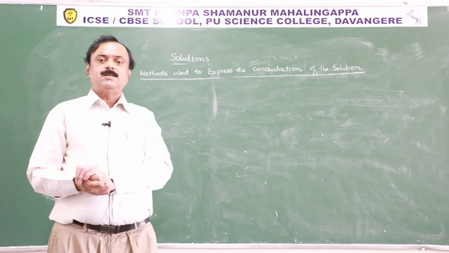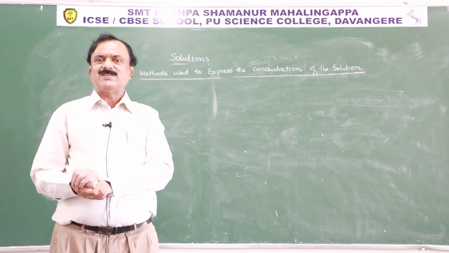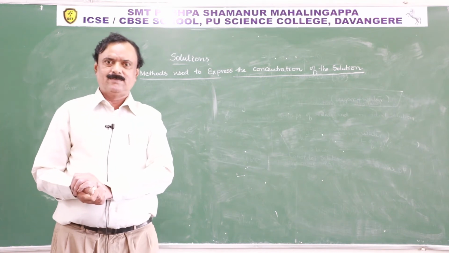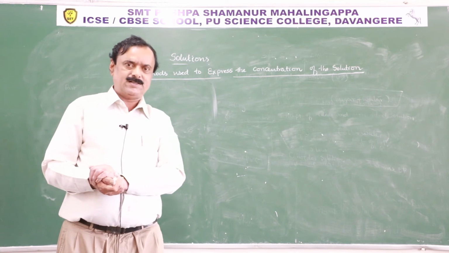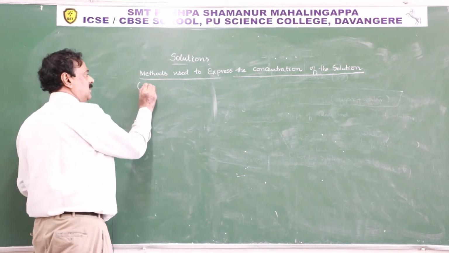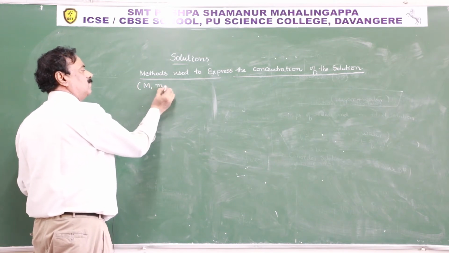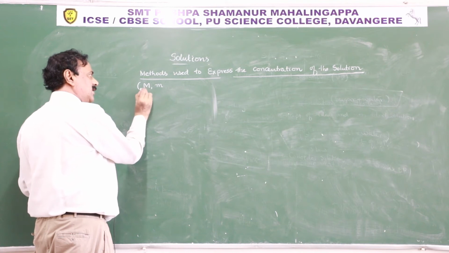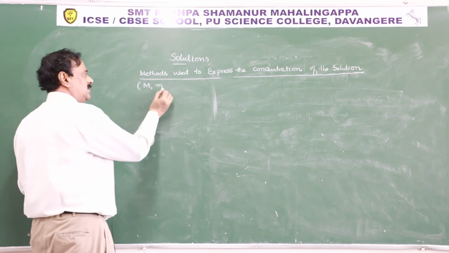Whereas the given amount of solute is dissolved in a specific quantity of solvent, we can express the concentration either in terms of molarity or molality, where capital M stands for molarity and small m stands for molality.